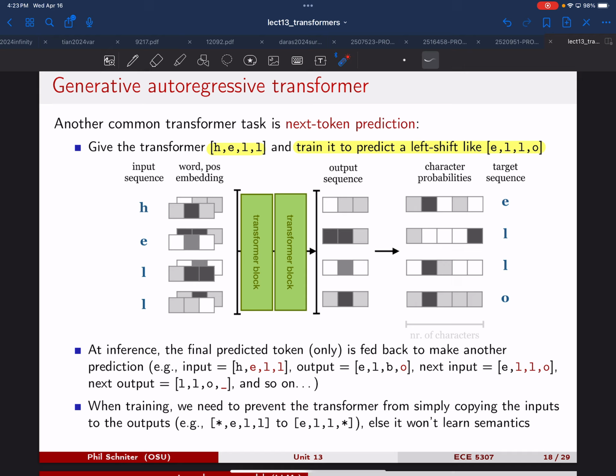Now there is a critical issue here. If we were not careful, this stack of transformers could learn to just copy this to this without really understanding the meaning and the structure of this sentence or this word.